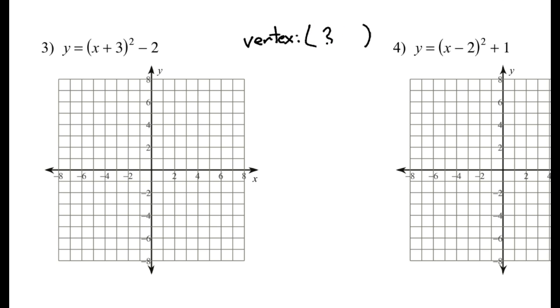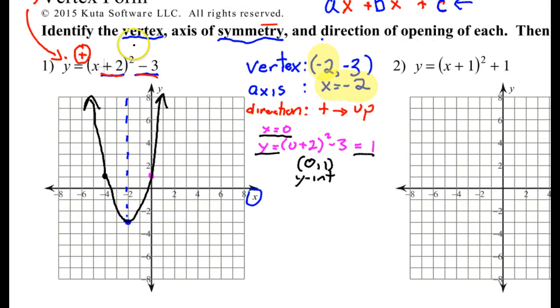Is that right? What's wrong with this? Yeah, the x part is always the opposite. So if this is a +3, the vertex is actually negative. Same thing up here. This was +2, but it was at negative.